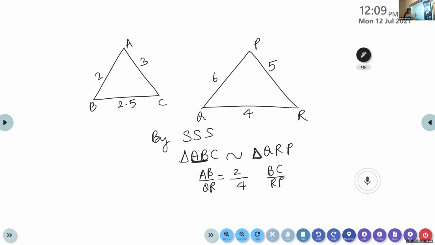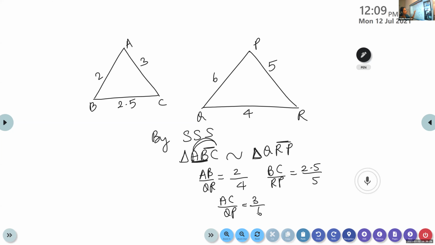BC is 2.5, RP is 5. Now take the first and last, AC by QP. AC is 3, QP is 6. Like this, you have to check.